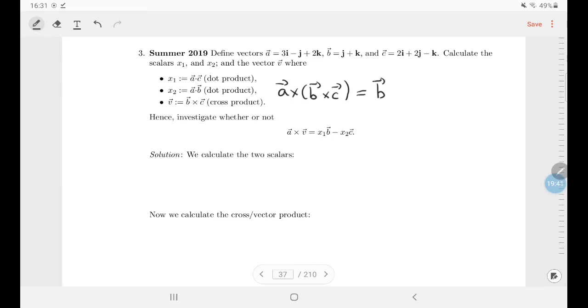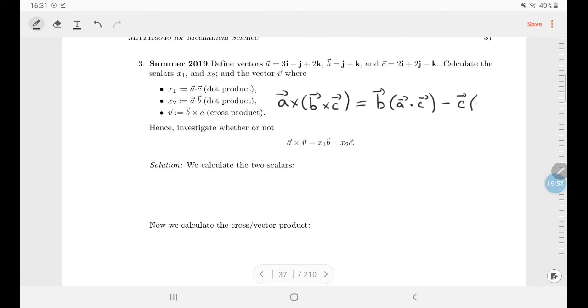So I put B there, and x1 is A dot C, take away, and now again I've got a number and a vector. I can do it the other way around. So vector, and then the number x2 is A dot B. This is called the back cab rule.